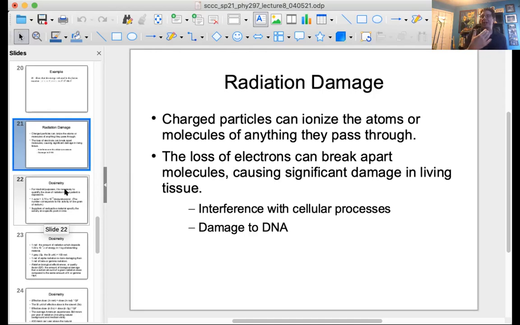Chemical reactions that alter the chemistry of the living material, or nuclear reactions that alter the chemical properties of the living material, will cause damage. The loss of electrons can break apart molecules, causing significant damage. Interference with cellular processes, damage to DNA. The latter can lead to cancer, for example.